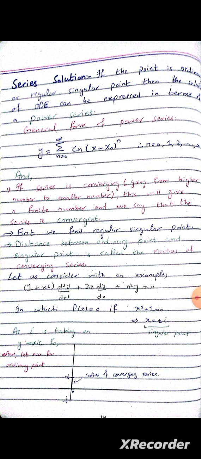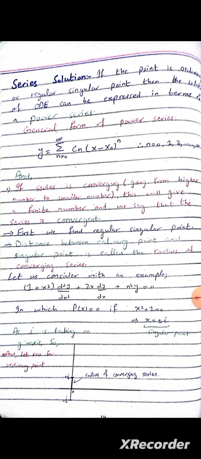And now first we will find the regular singular point for the above ODE, and then we will write its series solution. The distance between the ordinary point and the singular point is called the radius of the converging series. Let us consider an example: 1 plus x square into d square y by dx square plus 2x dy by dx plus n square y is equal to 0. It is an ODE.